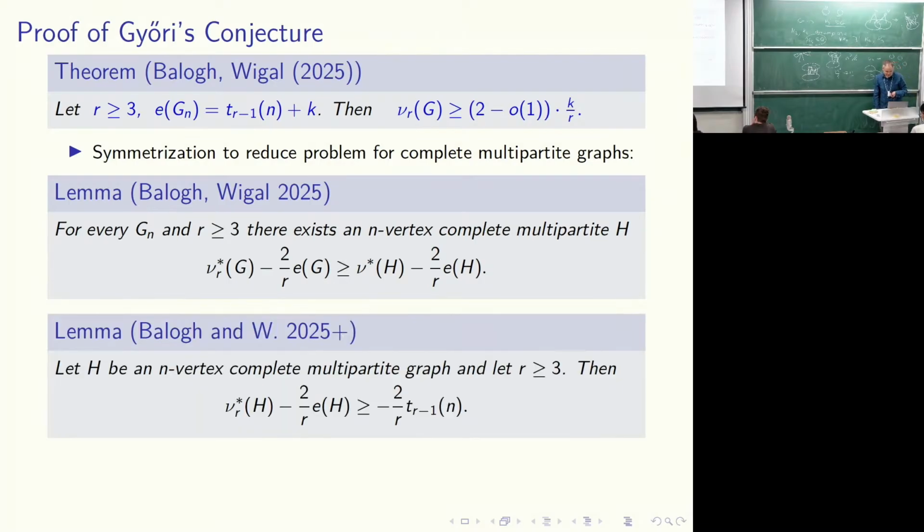The second step is that when we arrive at a complete multipartite graph, then we still have to prove that whatever we want to get is correct. I didn't do the computation here, but if we prove the inequality from the lemma, then it implies the theorem.